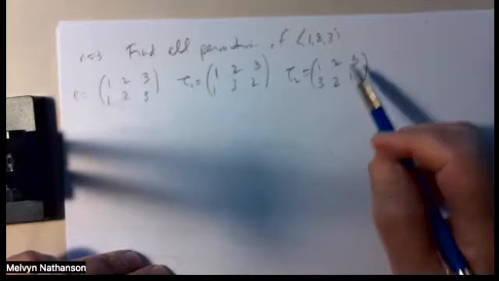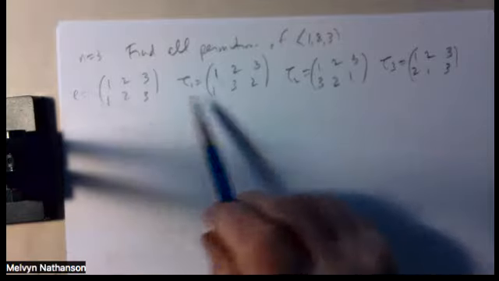So 1 goes to 3, 3 goes to 1, 2 goes to 2. And tau 3 would be the transposition where 3 doesn't move, but 1 and 2 are interchanged, so 1 goes to 2 and 2 goes to 1. So here we have 4 permutations.